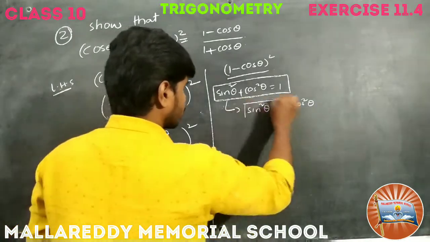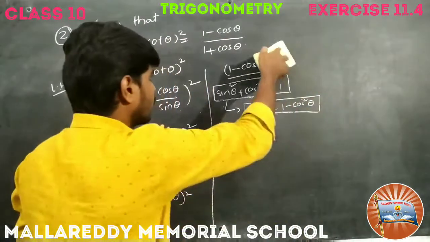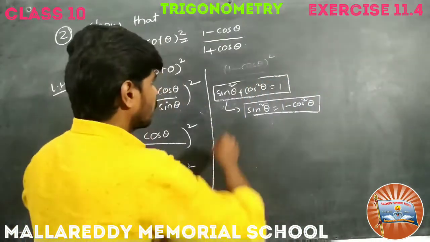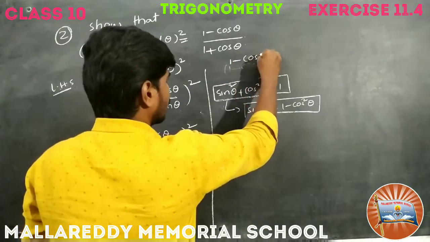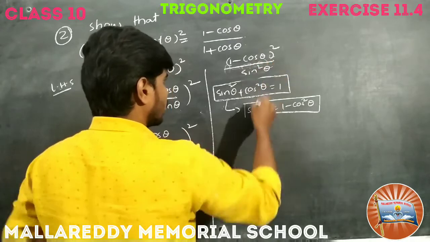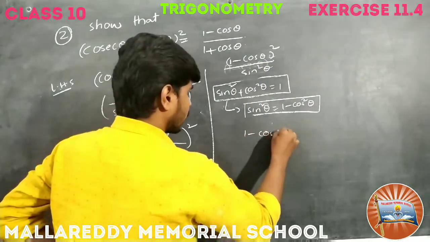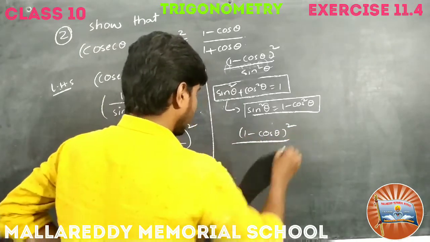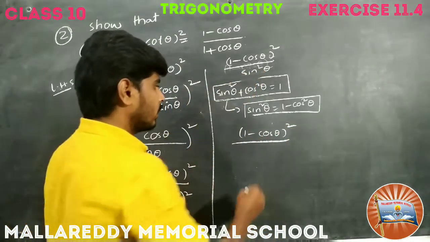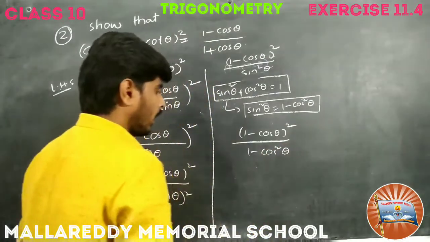So here it is (1 minus cos theta) whole square by sin square theta. So next what it becomes? (1 minus cos theta) whole square as it is, and by sin square theta we can write 1 minus cos square theta, isn't it? Right.